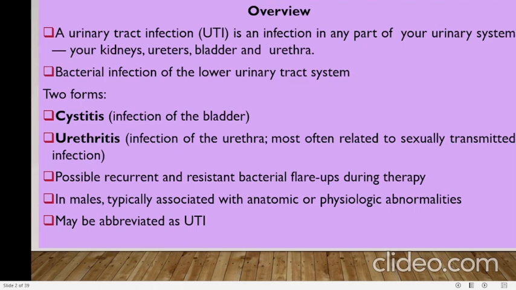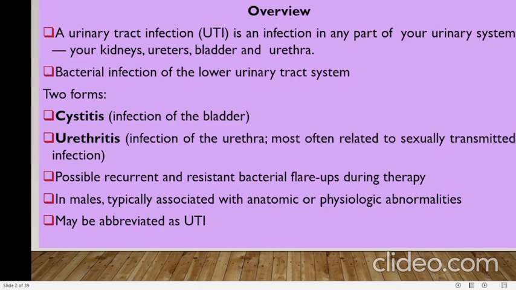We have cystitis, which is the infection of the bladder, and urethritis, infection of the urethra, most often related to sexually transmitted infection. Remember, urethritis normally happens in males, whereas cystitis commonly happens in females.